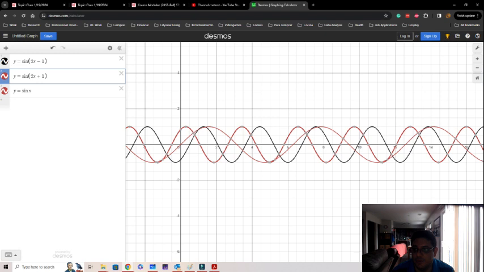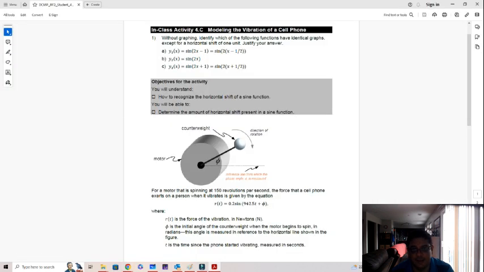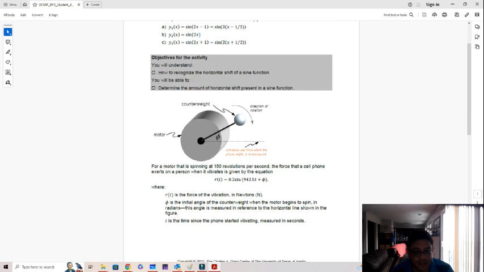So if I remove sine of x, you'll see that they have pretty much the same type of behavior. They probably go with the same period. They're just shifted. This one is shifted to the right, while the other one is being shifted to the left. So that's the type of comparison that you can make here with this one.